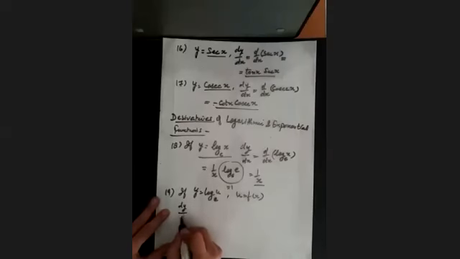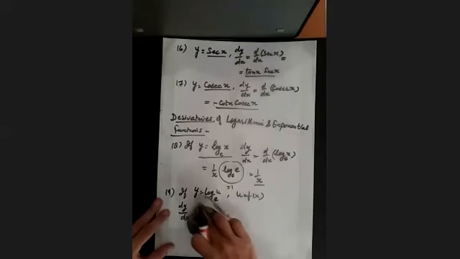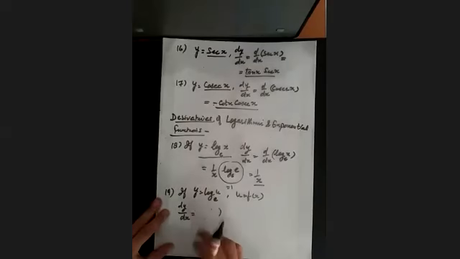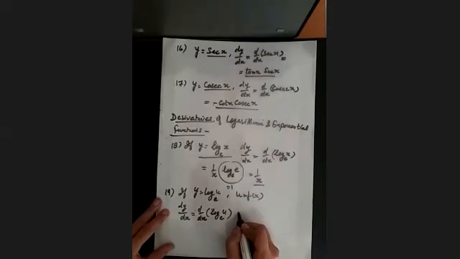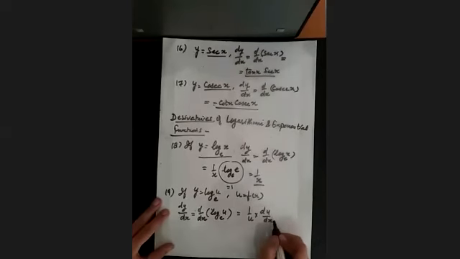Then differentiation of y with respect to x, differentiation of log u with base e, is given by 1 upon u and du by dx, and log e, whose value we already know is equal to 1.